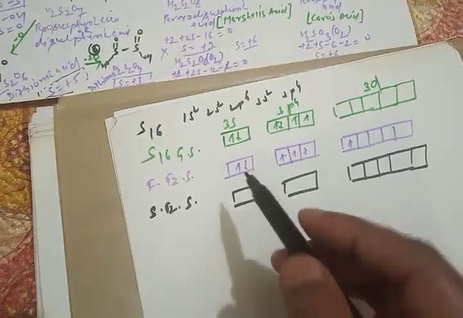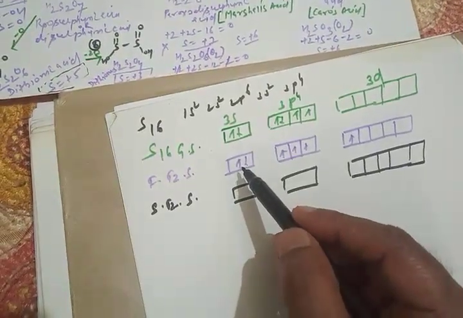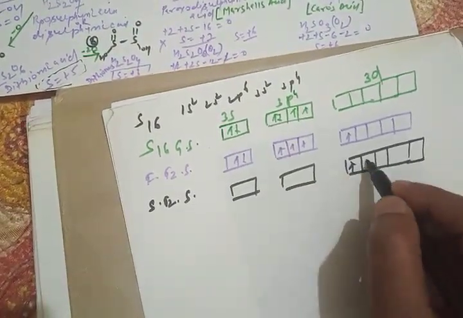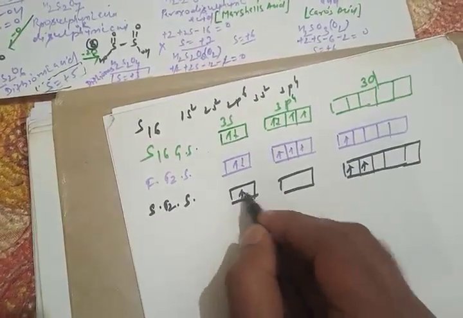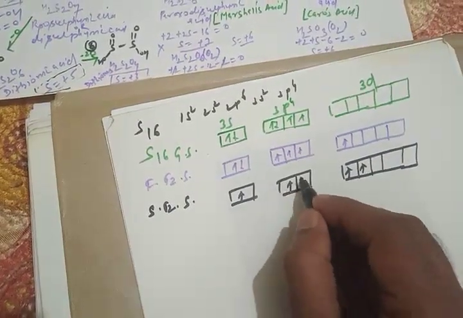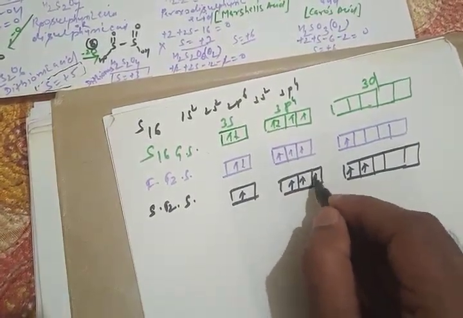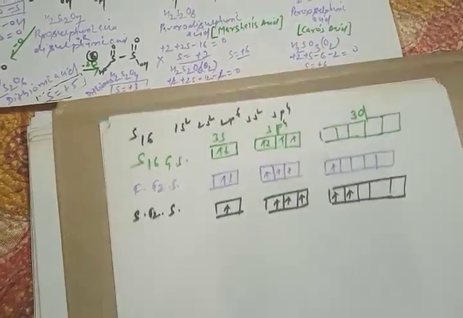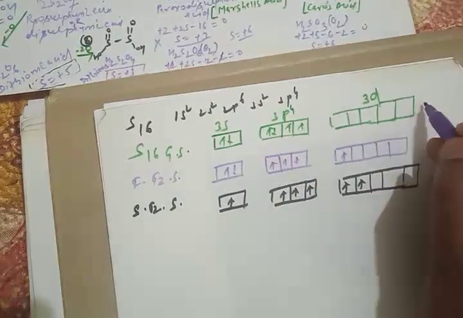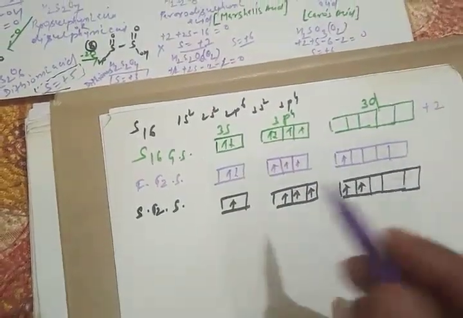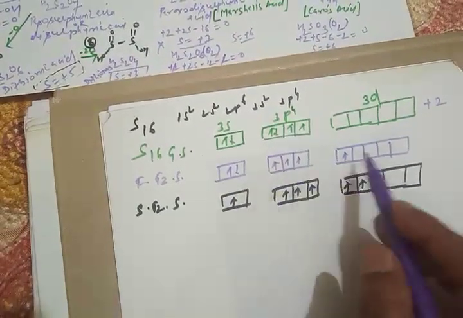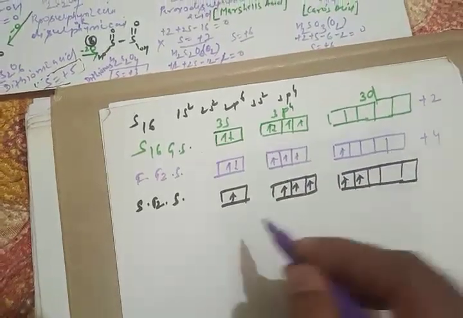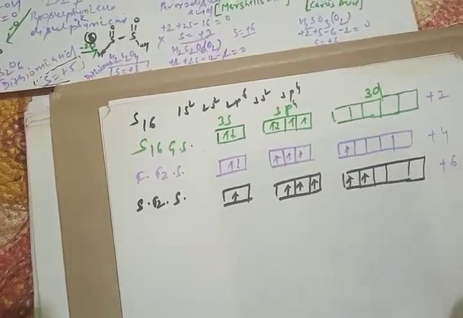So what will happen in this case? One more electron from s will jump to the d orbital. So here we have one electron, here we have three electrons, here we have two electrons. Here the oxidation state will be +2 because we have two unpaired electrons. Here the oxidation state will be +3 and +4, and here the oxidation state will be +6. So what does it mean?